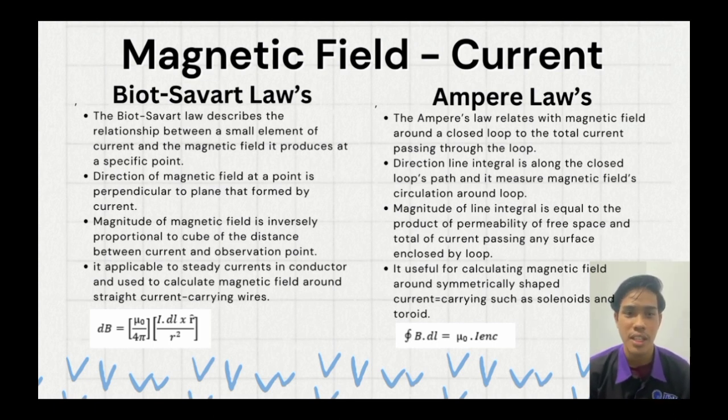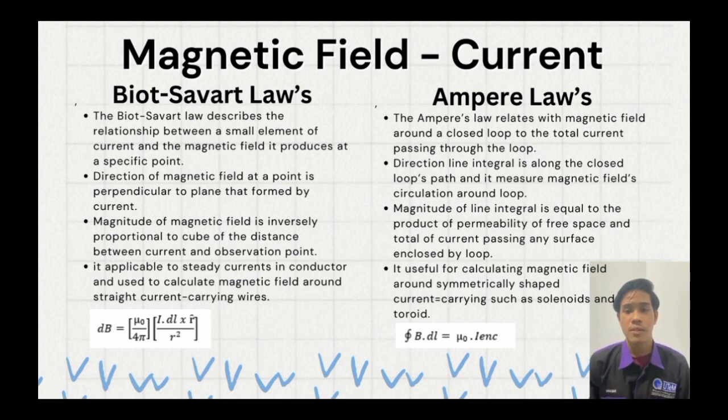After we have learned about the right hand grip rule, which determines the direction of current and the magnetic field, we can use the Biot-Savart law and Ampere's law to find the strength of the magnetic field. The Biot-Savart law describes the relationship between a small element of current and the magnetic field it produces at a specific point. The direction of the magnetic field at the point is perpendicular to the plane formed by the current and the vector pointing from the current to the observation point, determined by the cross product in the formula.